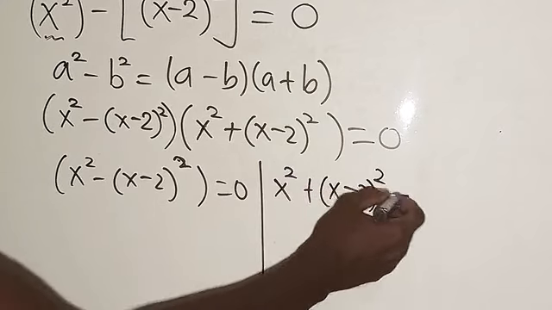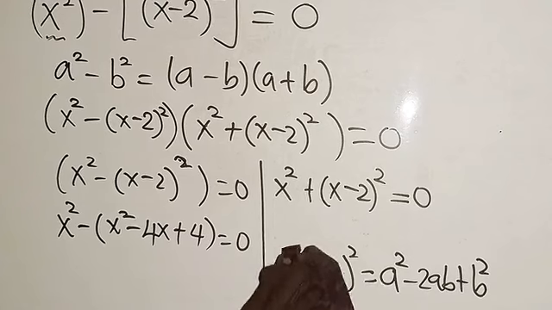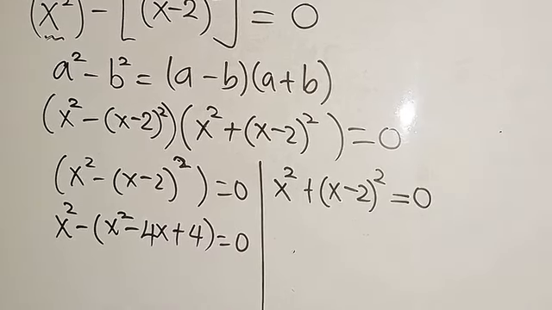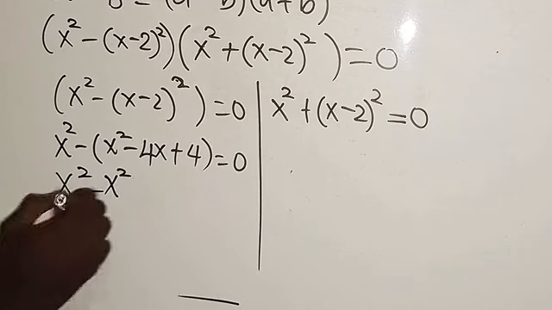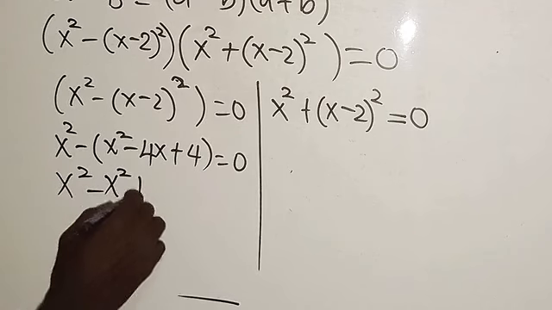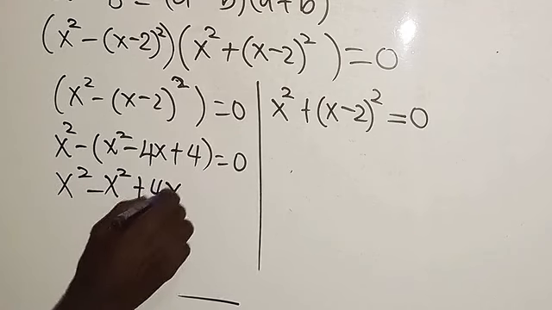Then we have x squared minus x squared, minus times minus, we're going to have plus 4x, minus times plus 4, you're going to have minus 4, then equals 0.